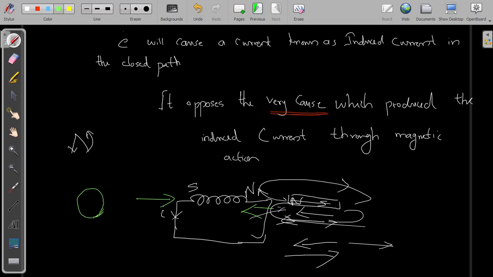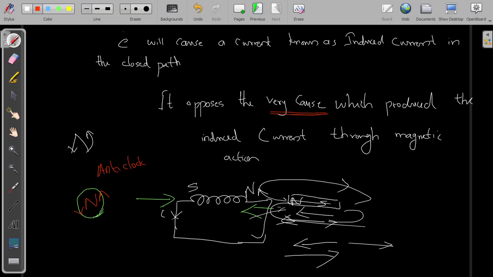North pole here means the current flow direction must be in this manner, that means in anti-clockwise direction.